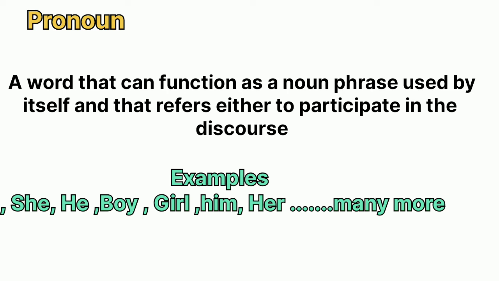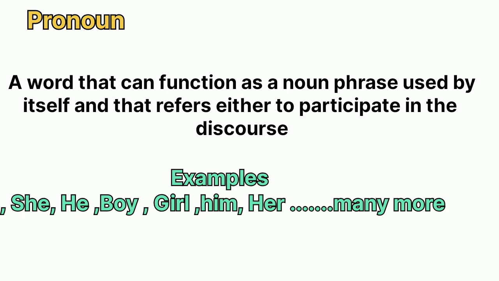Remember what I said. A noun is a naming word. If I put it in simple terms, anything that has a name is a noun. You have written that down. Pronoun is basically the same thing as a noun. I've said that it's a word that can function as a noun phrase.